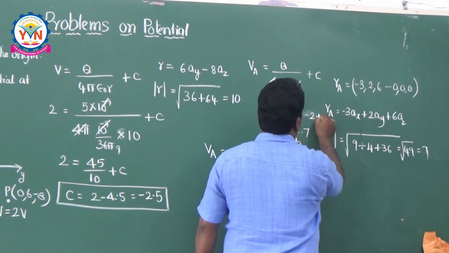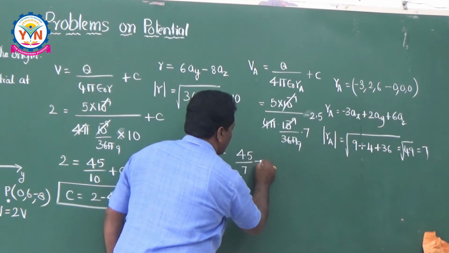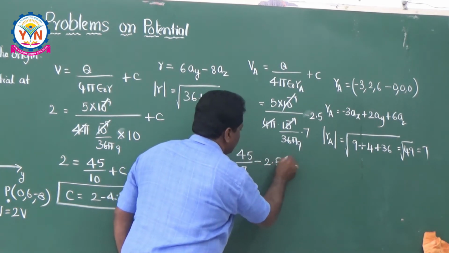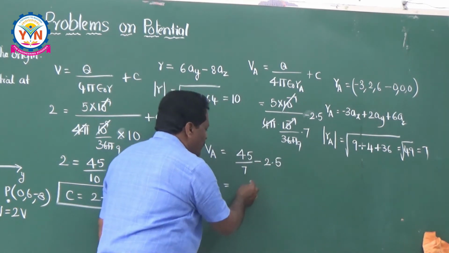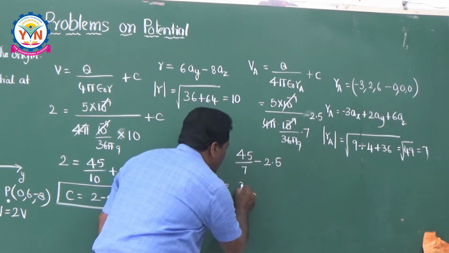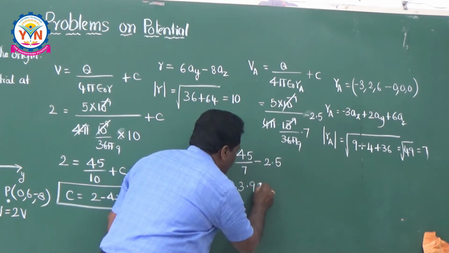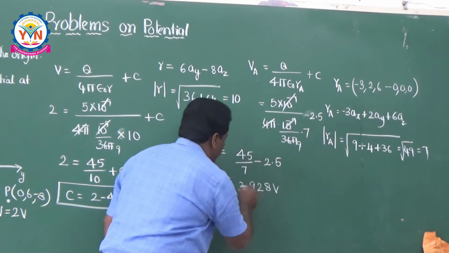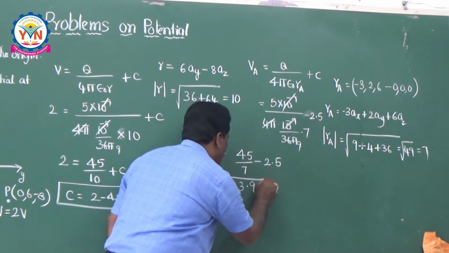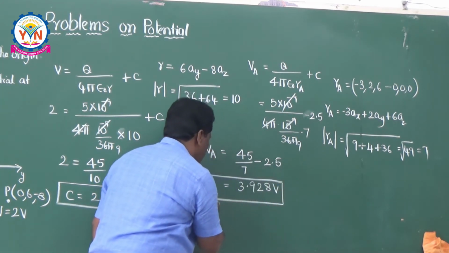Minus 2.5. By simplifying, VA is equal to 3.928 volts. So this is the potential at the point A.